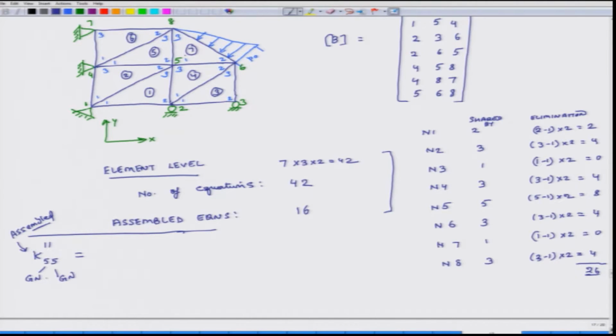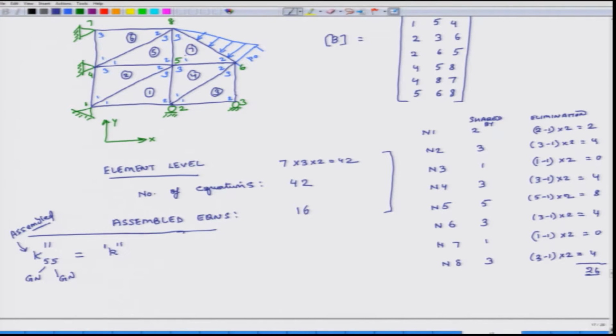So, node 5 is shared by how many elements? It is shared by 1, 2, 5, 7, 4. So, how many components will it have? It will have 5 components. Okay. So, it will be equal to, so I am using lower case for element level stiffness matrix. So, it will get one component from element number 1.